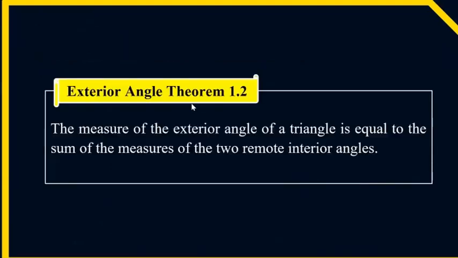Another theorem is the exterior angle theorem 1.2. The measure of the exterior angle of a triangle is equal to the sum of the measures of the two remote interior angles. This is what I said last time, that the exterior angle is equal to the two remote interior angles in the given triangle.